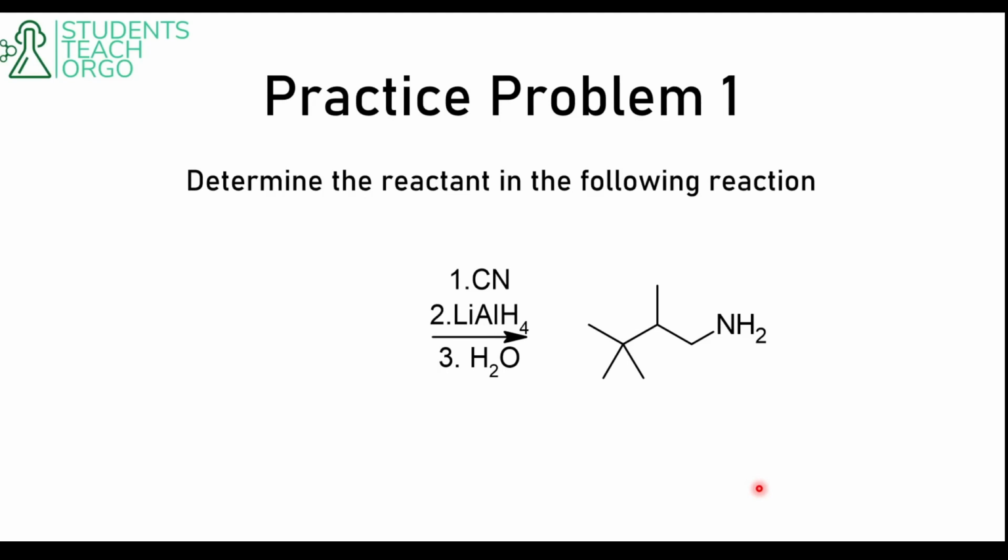Okay, so to determine the reactant in this reaction, we first have to see what kind of reaction we're doing. You can see in our steps that this is with some sort of cyanide mechanism and then a reduction. So we can already know, since we're doing cyanide, that we have to take one extra carbon off that chain, right? We're going to take off the carbon adjacent to the amine.